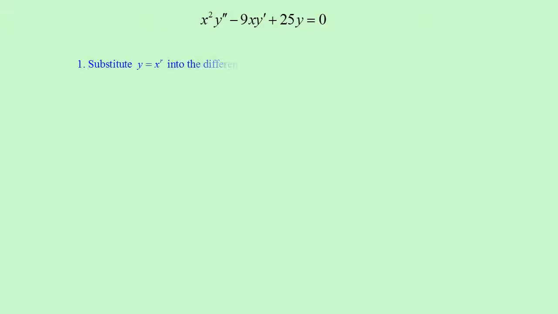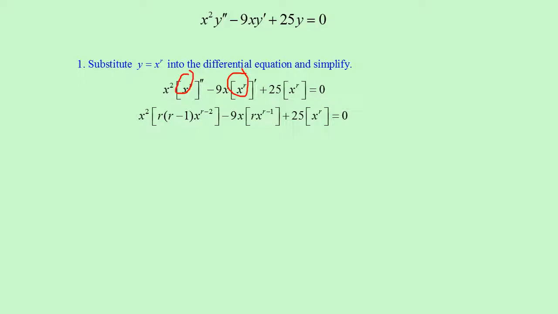Now in this example, we're going to shorten our work a little bit. Now that you see how the substitution works, we're just going to put that we need the derivative of x to the r, and we need the second derivative of x to the r. These are always going to be the same thing, and we will shorten this even further in the near future by recognizing that this is always going to happen with an Euler equation.